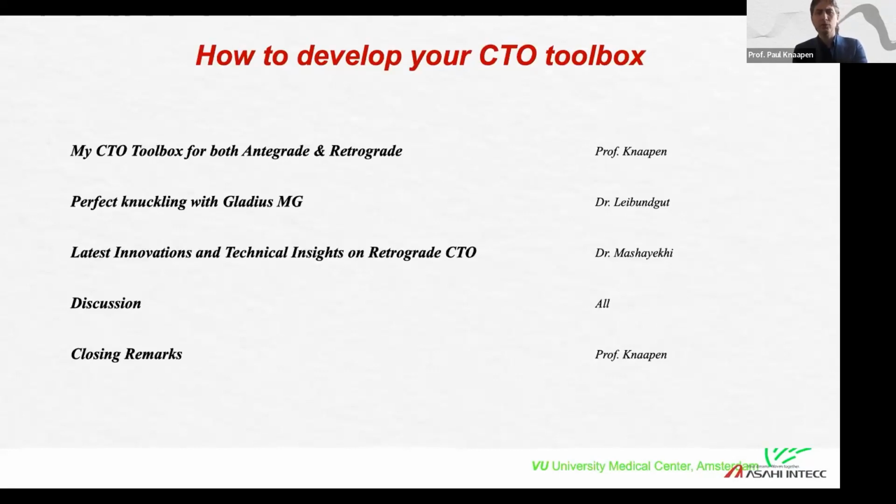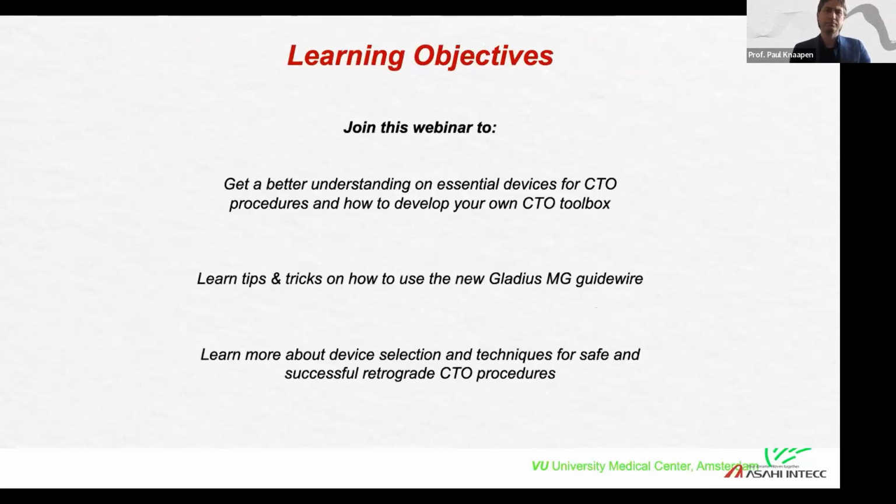We will discuss in between among us and at the latest at the end of this session with everything that comes into the website. So please post your questions and we will be able to answer. We will be discussing all your questions that you may or may not have. And then we'll have the closing remarks.